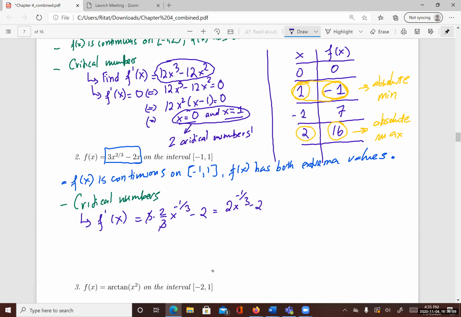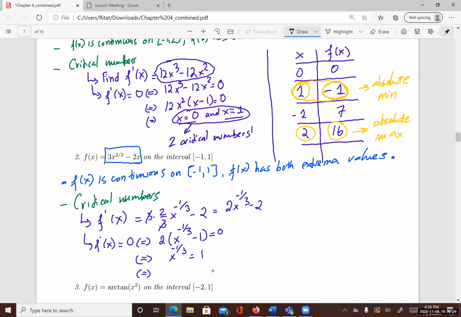Let f prime of x equal 0, meaning 2x to the -1/3 minus 2 equals 0, meaning x to the -1/3 equals 1.